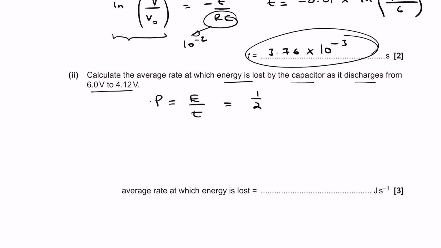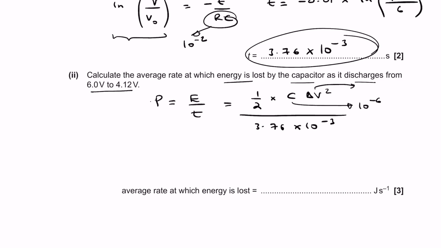So that will be half times C times delta V squared divided by the time, which is 3.76 times 10 to the minus 3. We are given the capacitance, and so that's 10 to the minus 6, and we know the change in voltage, which is 6 minus 4.12, squared, and put that all in the calculator, and you will get 2.53 times 10 to the minus 3 watts, or joules per second.